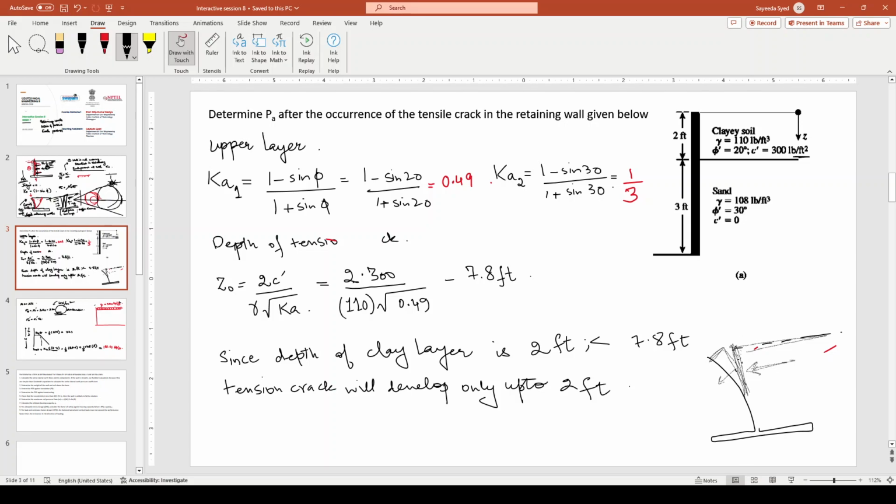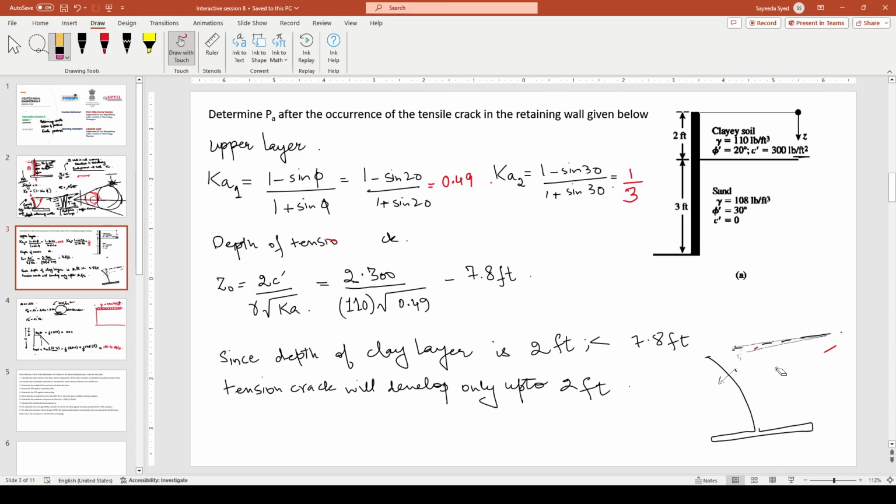This is what a tensile crack means. Do you understand that? Are you getting my point, Vanita?